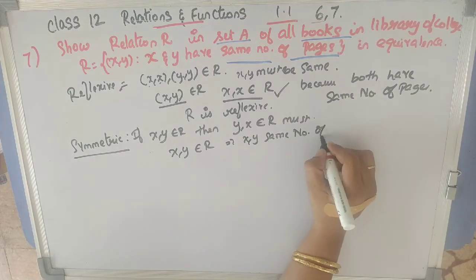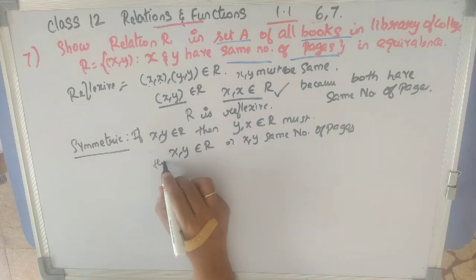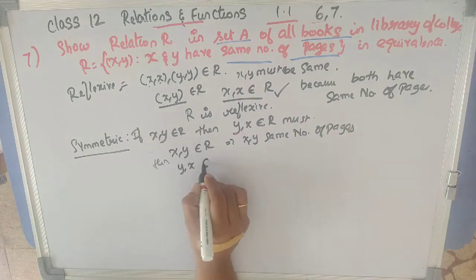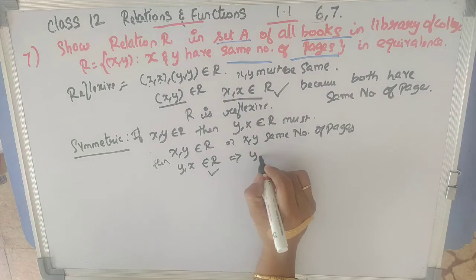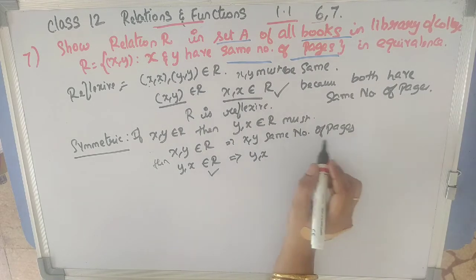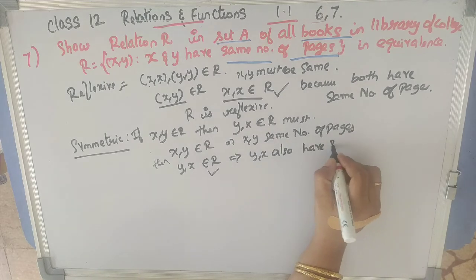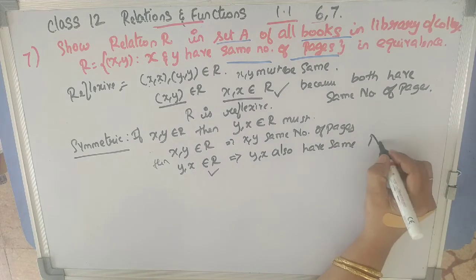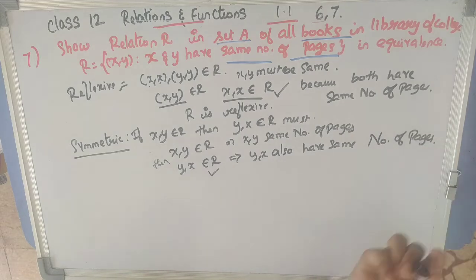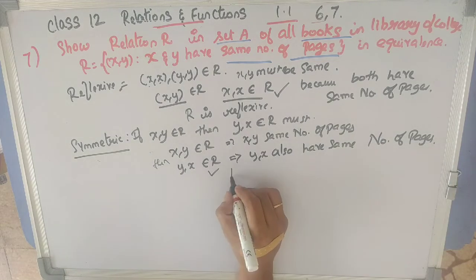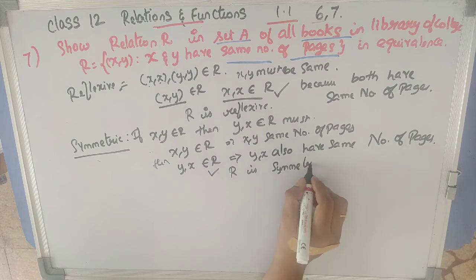X and Y have the same number of pages. Then is (Y, X) also an element of R? Is it possible? Yes, because if X and Y have the same number of pages, then Y and X will also have the same number of pages, isn't it? So this relation is symmetric. Clear? This relation is perfectly symmetric.